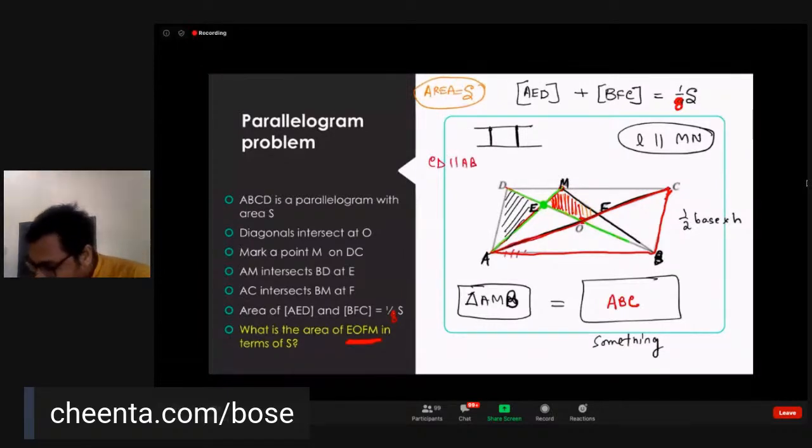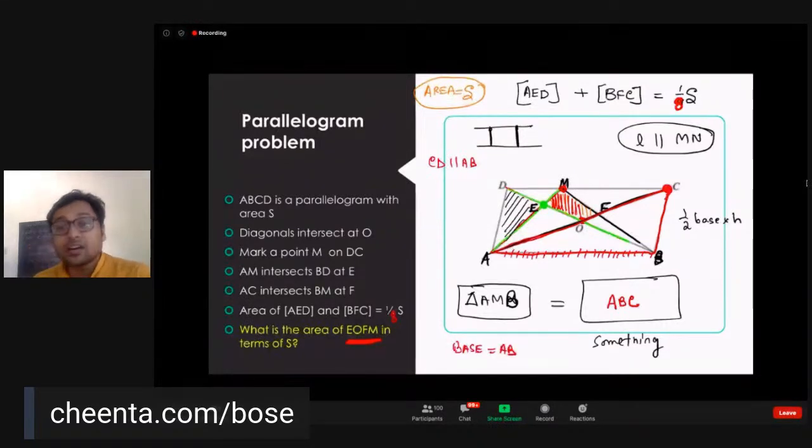Both triangles have the same base AB, and their vertices M and C are on a line parallel to the base. So their areas are the same.